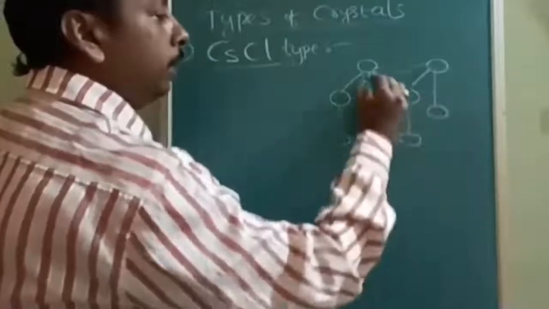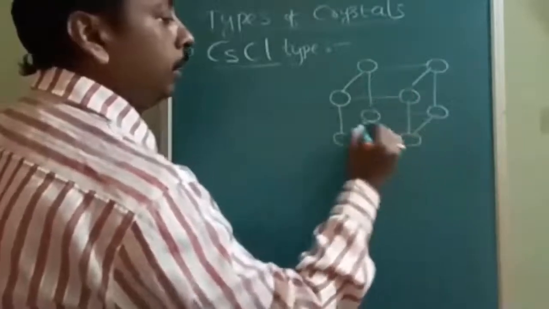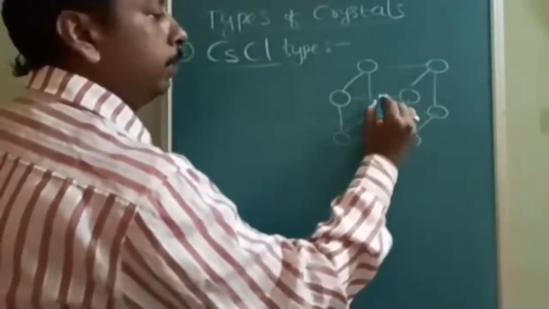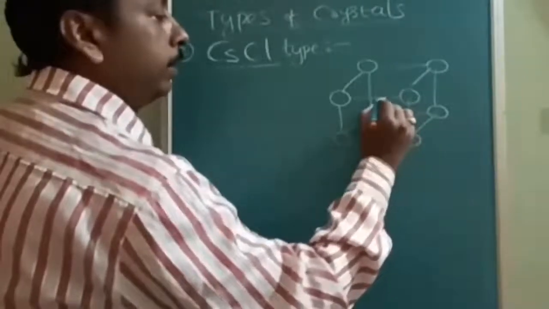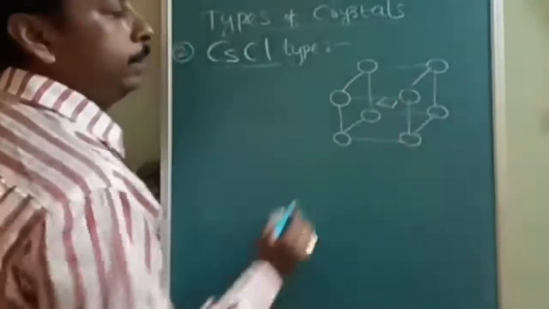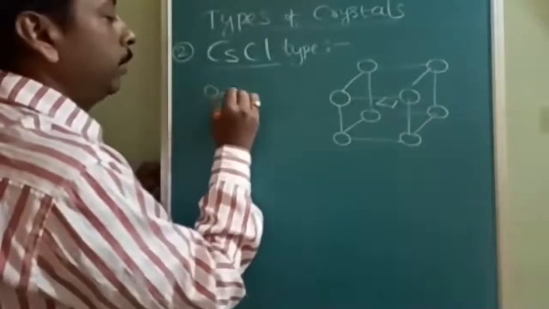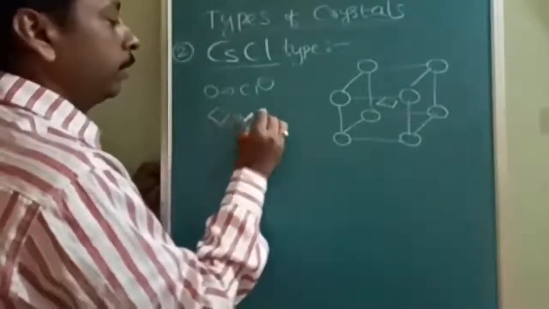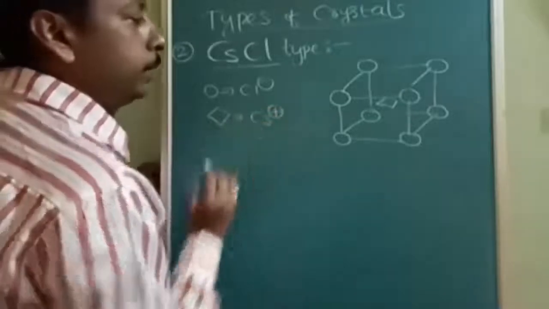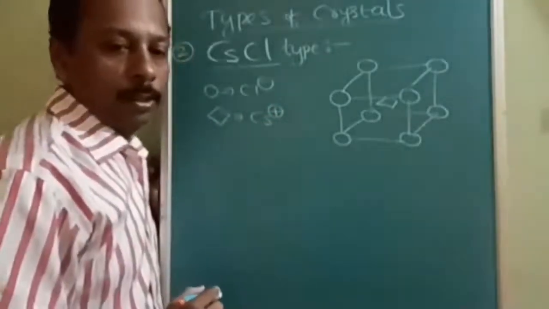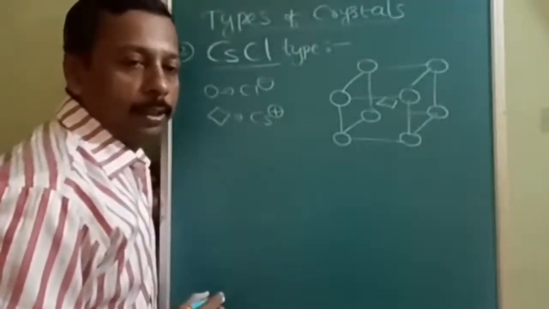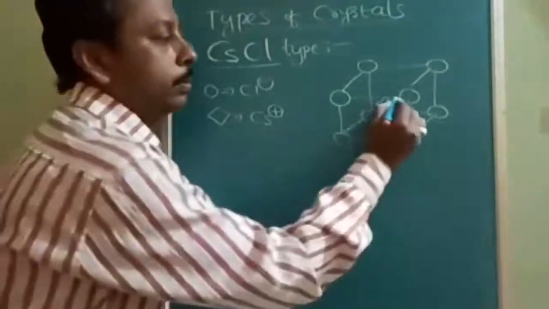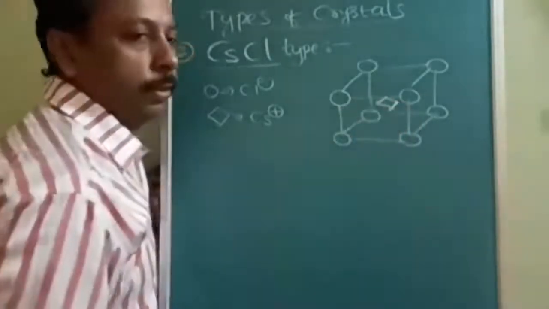What I have drawn as of now is only chlorine minus. In the body center, it is a diamond. Who is the diamond? Cesium. Circle represents Cl minus. Diamond represents cesium plus. This is the structure of CsCl type. Is it understood?